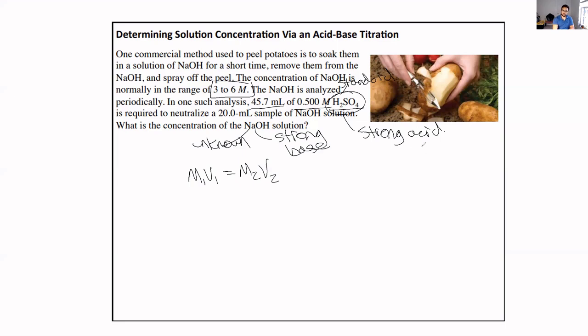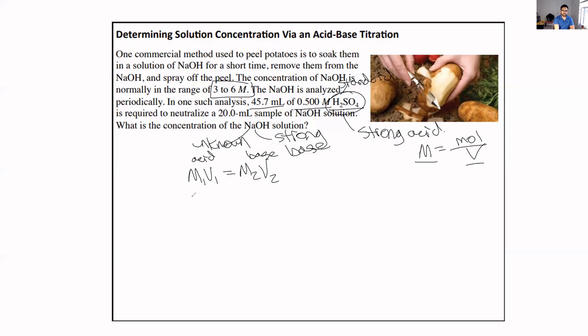And if you remember from our molarity equation, molarity equals moles divided by volume, you know that molarity multiplied by volume equals moles. So essentially what we're saying here is moles of solution 1 equals moles of solution 2 at the equivalence point. Okay, so this is how we're going to solve this. Let's just say the solution 1 is the acid and the solution 2 is the base, just to keep things straight.